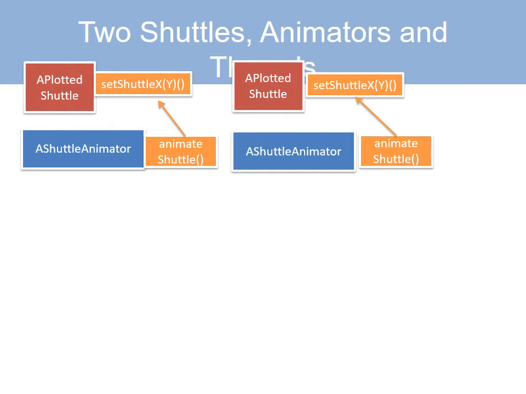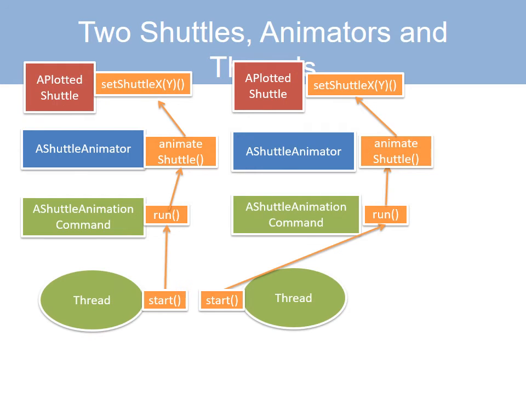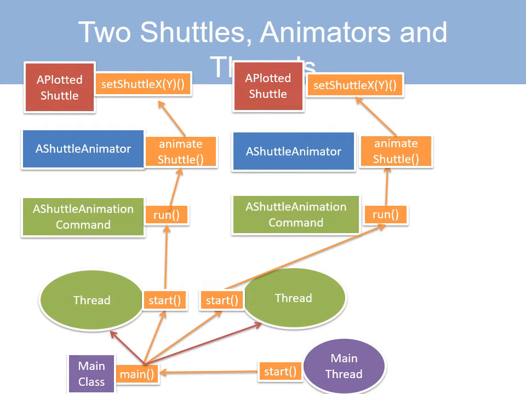For multiple threads, you have multiple shuttles, and we can have multiple animators too. So the same set of objects as before, but we've instantiated them now twice. And then you have to have a runnable or a shuttle animation command for each of them in Java. And that runnable is accessed by another kind of object, a thread object, which is started now by the main thread. So this is a more complicated structure.